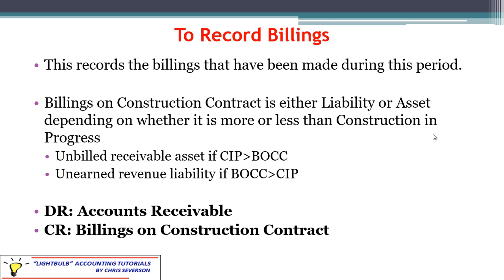If construction in progress is greater than the billings on construction contract, then this would essentially be an unbilled receivable asset. Basically, we haven't billed it yet, but we know we have the money. If we have billings on construction contract that are higher than our construction in progress at that point, it's like an unearned revenue. It's a liability. We've billed more than we've actually earned, so to speak.